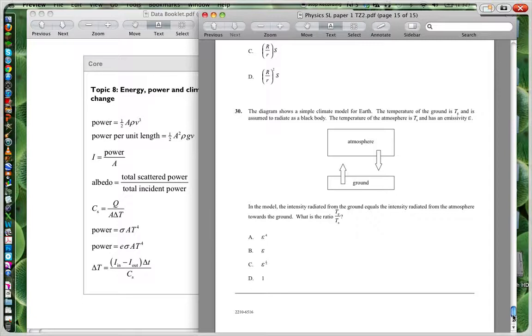The temperature of the atmosphere is Ta and has an emissivity of epsilon e. In the model, the intensity radiated from the ground equals the intensity radiated from the atmosphere towards the ground. What is the ratio of Tg over Ta? This all seems very complicated.